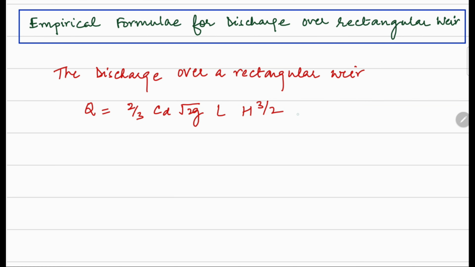Now this formula is only applicable when you are not considering any concept of the velocity of approach. So we can write that it is without the consideration of velocity of approach.